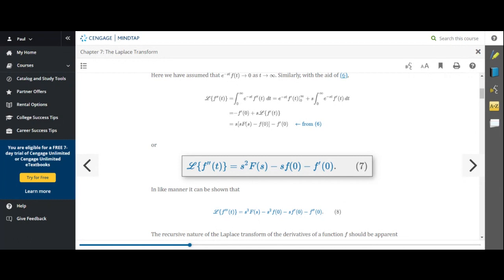The Laplace transform of the second derivative of a function of t is equal to s squared times big F of s, the Laplace transform of the function, minus s times f of 0 minus f prime of 0. Okay, and that's not hard to show. They show it there in the book.